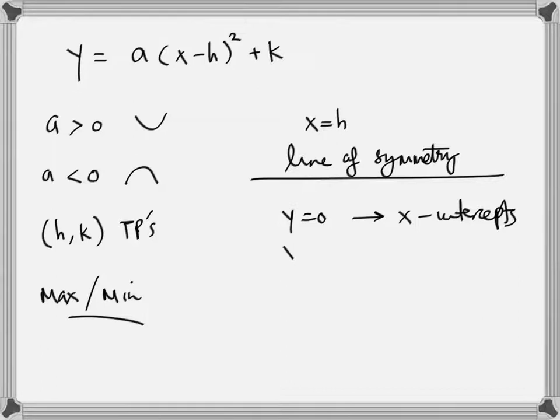Let me repeat it. Turning point means the same thing as stationary point, means the same thing as vertex. The word turning point is usually used in the context of sketching, whereas stationary point is usually used in the context of differentiation. So h comma k is the coordinate of the turning point.